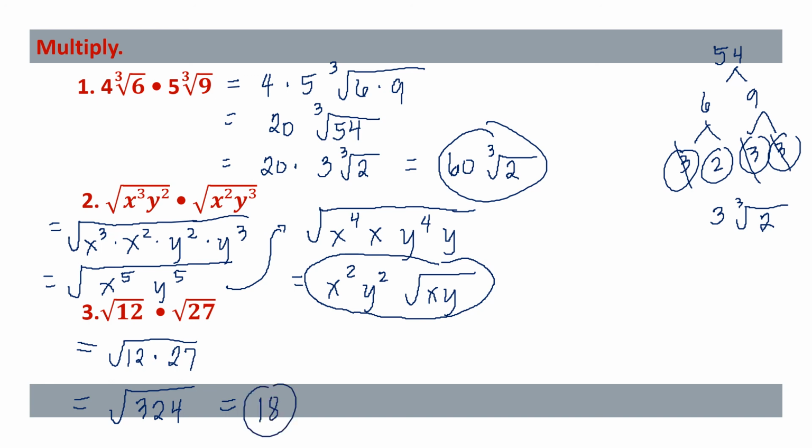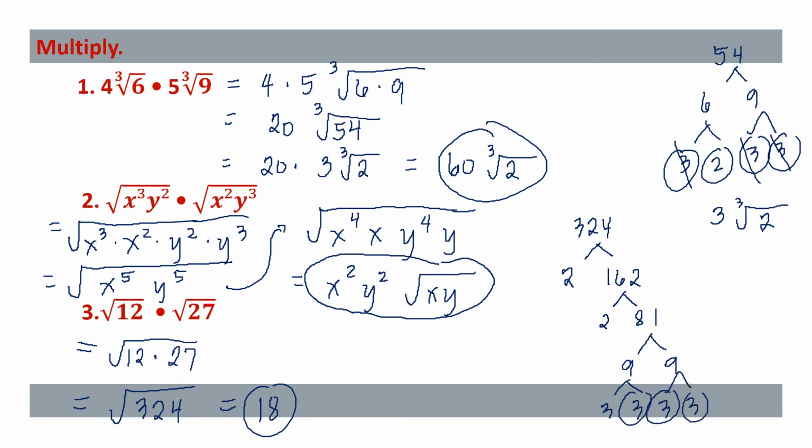You may recheck using factor tree method. So we have 324. 324 is equal to 2 times 162. 162 is 2 times 81. 81 is 9 times 9. 9 is 3 times 3.